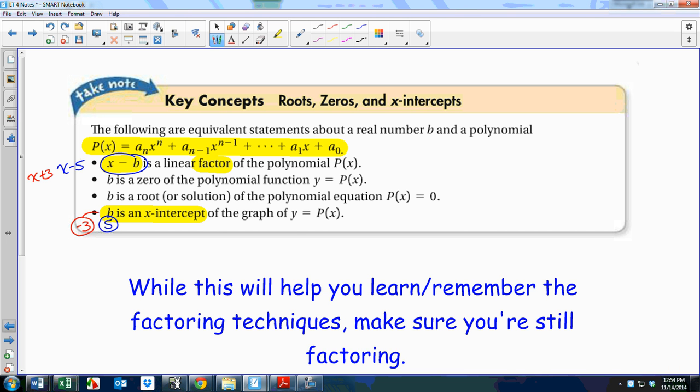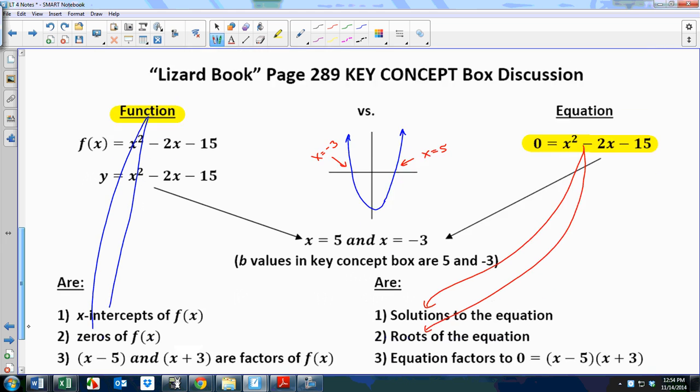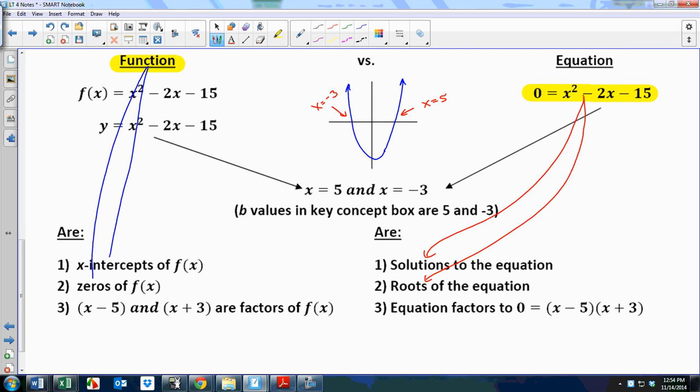And that's what that's saying here at the very bottom. In the function world, x minus 5 and x plus 3 are factors. And in the equation world, this is factored form, which we would be able to then use the zero product property to solve and get x equals 5 and x equals -3. All right, that was really slow through all the vocabulary. Let's speed it up a little bit now.